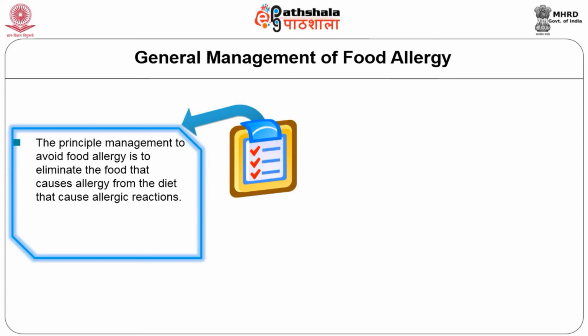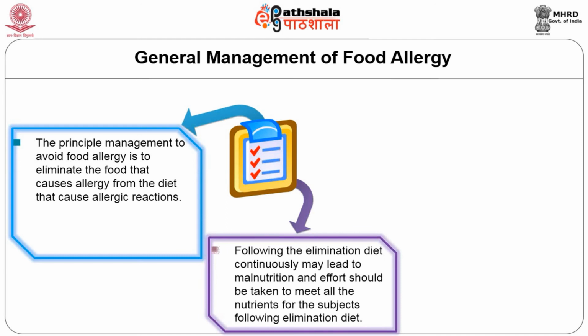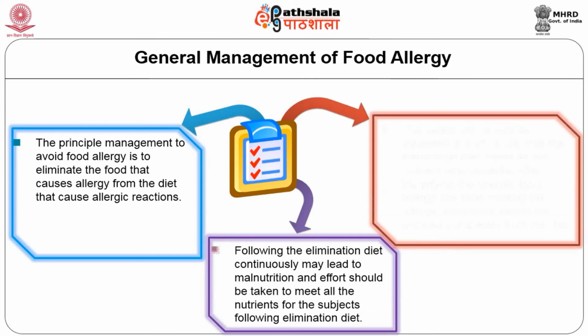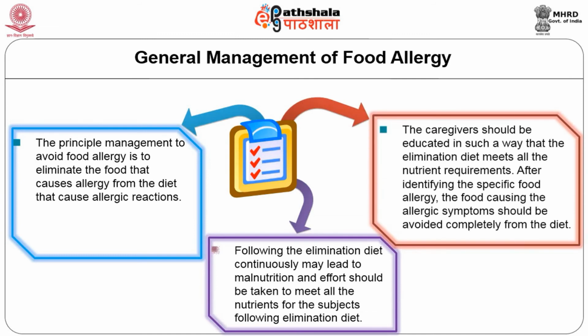Following an elimination diet continuously may lead to malnutrition, and effort should be taken to meet all the nutrients for the subjects following elimination diet. The caregivers should be educated in such a way that the elimination diet meets all the nutrient requirements.